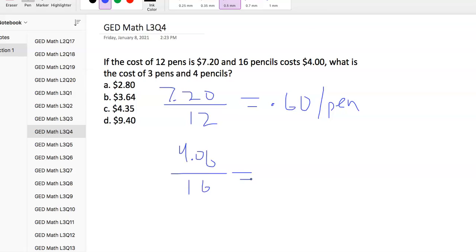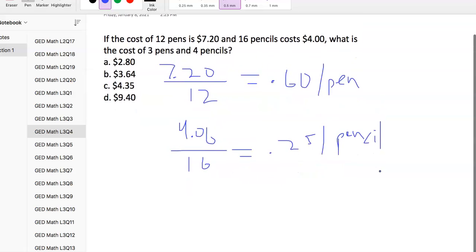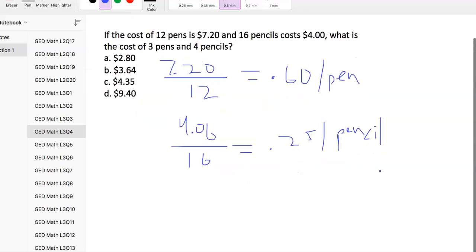And if we divide $4 by 16, that comes out to 25 cents per pencil. Okay, and then we just have to multiply the numbers that we want, right?